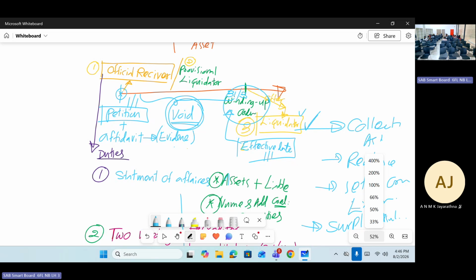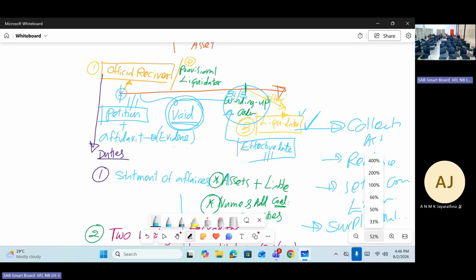Right. The provisional liquidator will monitor the affairs of the company until the winding up order is given. Therefore, he will be appointed for a short period. Short period means until the winding up order is given. Therefore, we name that party as provisional liquidator.